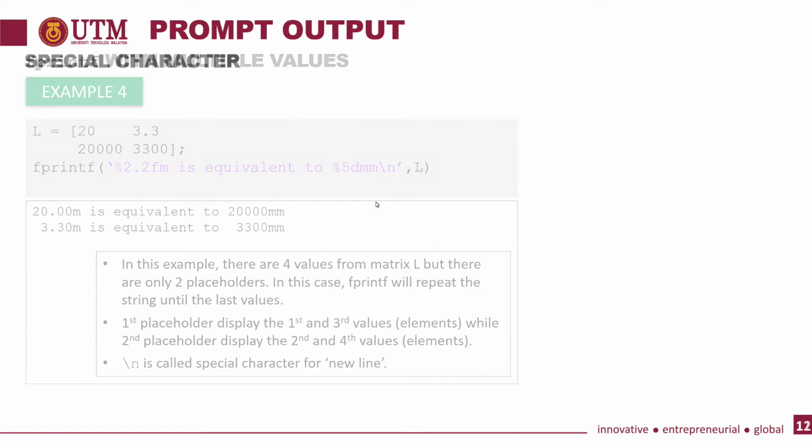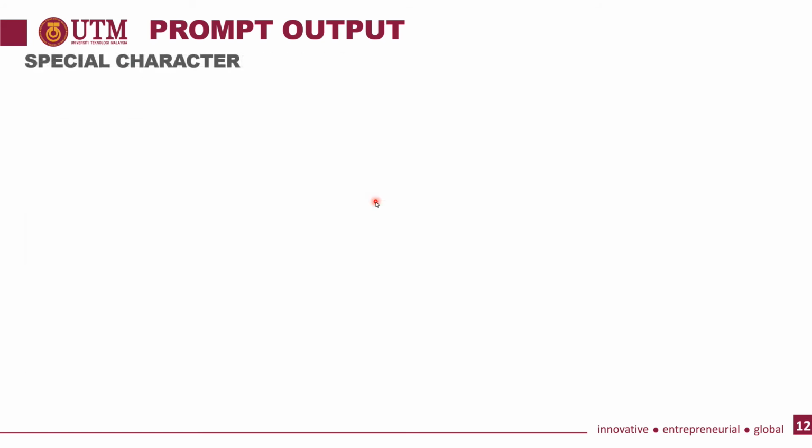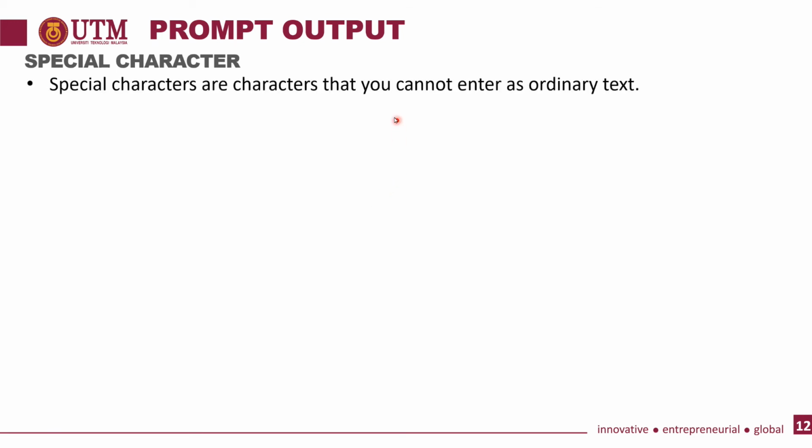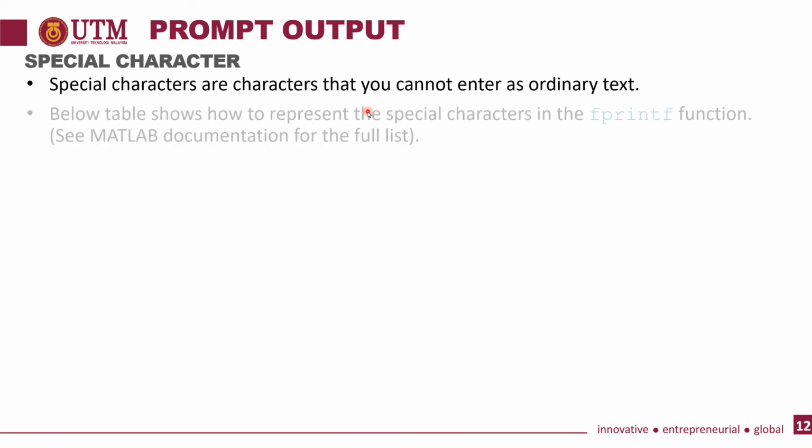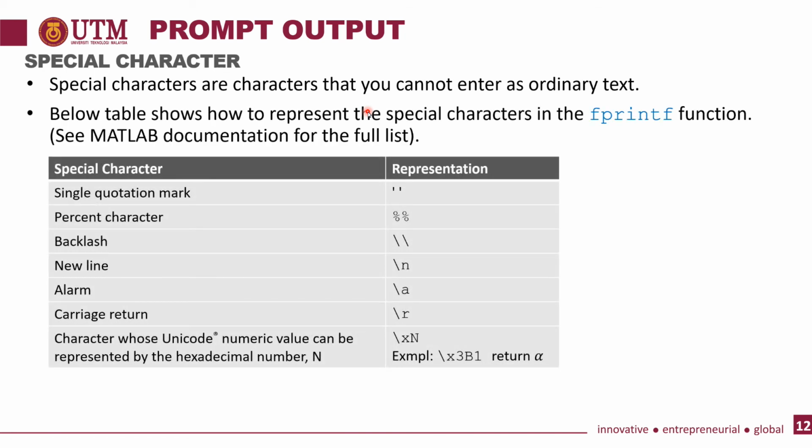So next, let's take a look at some of the special characters inside MATLAB. Special characters are characters that you cannot enter as ordinary text. For MATLAB, there are some special characters that you need to remember. The table below shows how to represent the special characters in the fprintf function.